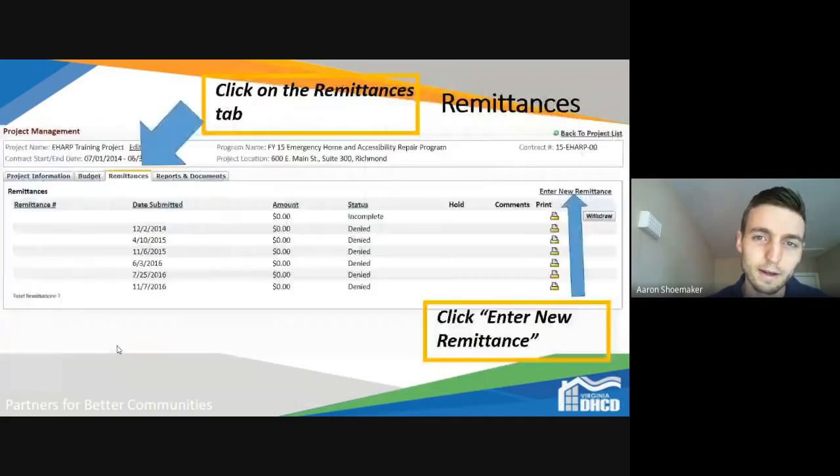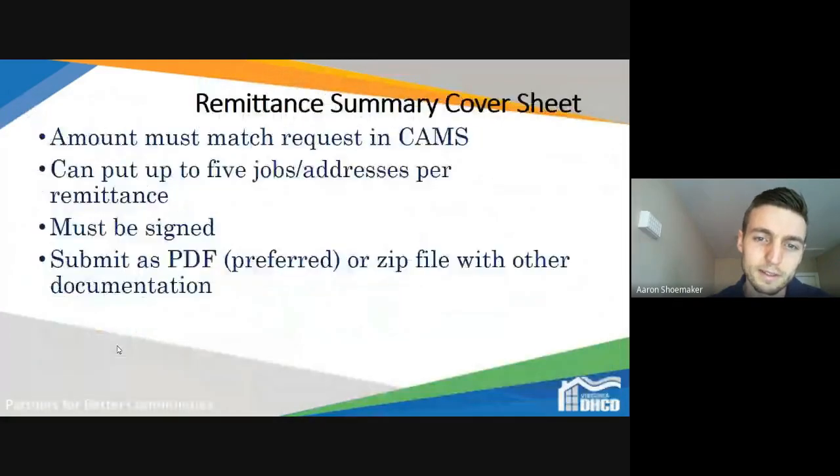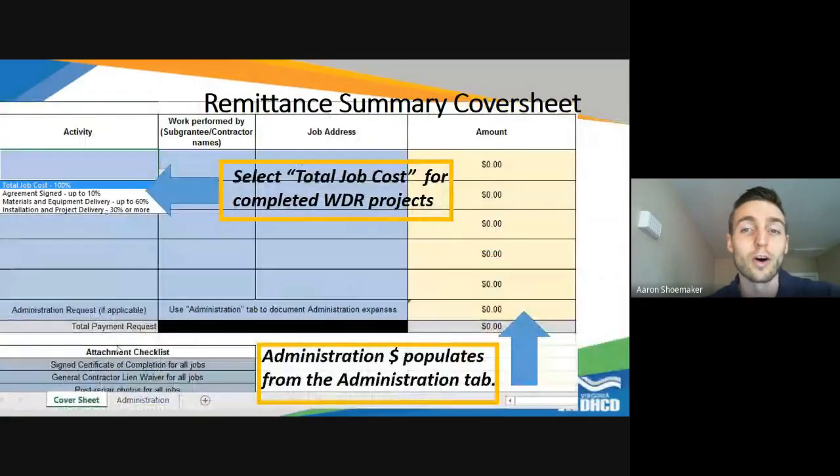And the way that the remittance is set up is that, if you choose, you can put multiple addresses in this. However, you can just do one if you want to keep it simple. And then we have that other option where you can split it between 3 different time periods of payment, which again, that's more paperwork.